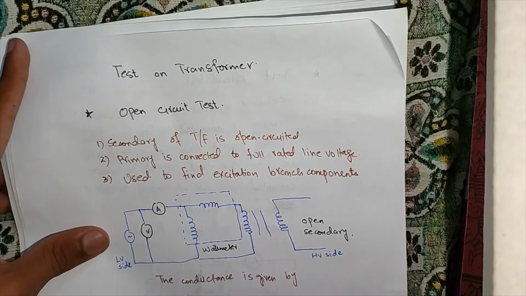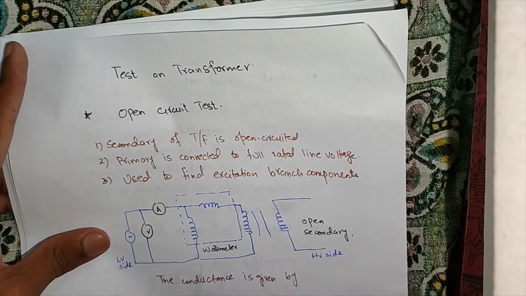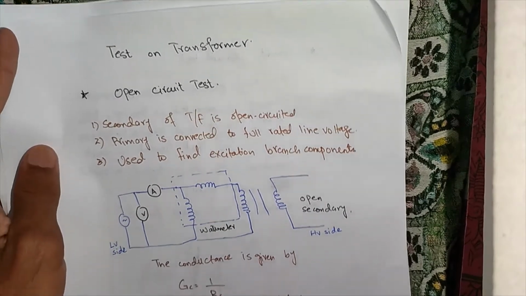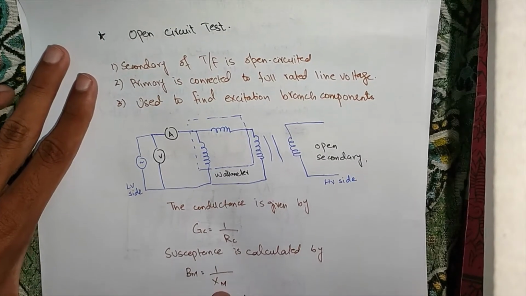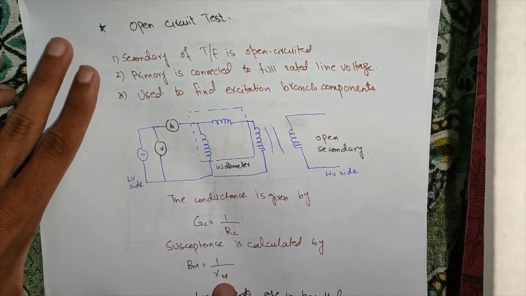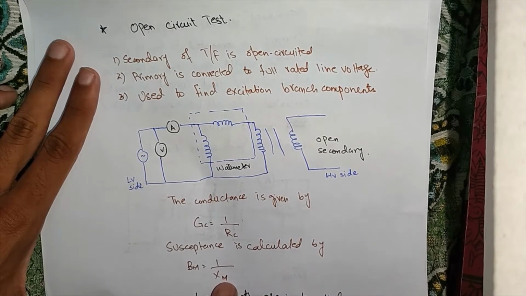Now, as I told you earlier, the open circuit test is done to find the excitation branch component. The excitation branch components include your resistance RC in parallel with reactance XM. Resistance RC and XM are the components of the excitation branch.